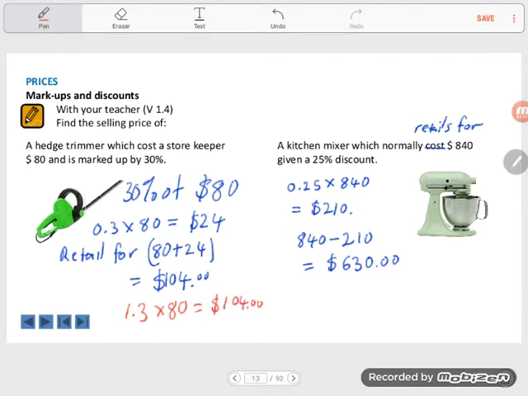And in a similar fashion over here, we could multiply this by, well, 100% take 25%, 75%. We find 75% of the original price. So 0.75 times 840, which would give us our $630.